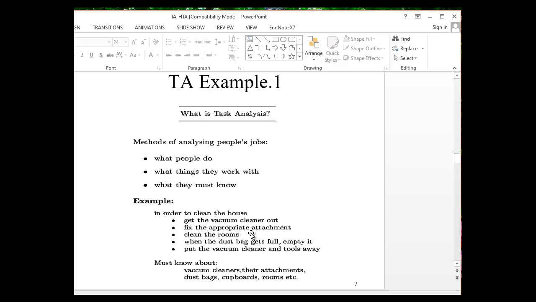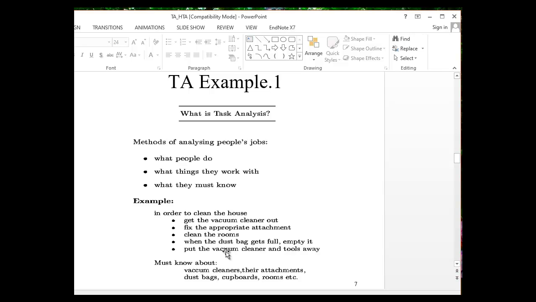We will move to another room or any other place, and we will come back here. Again we will empty the dust and put the tools away. It means that the work is finished, so now you are free and you can put the vacuum anywhere. So what are the requirements for this task?